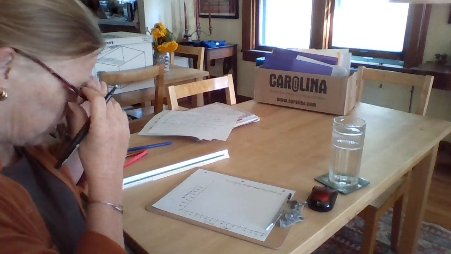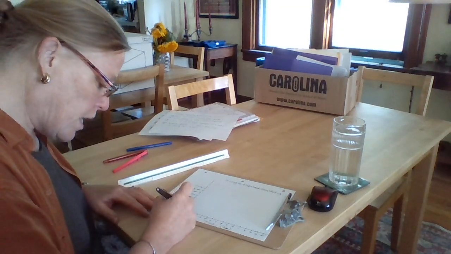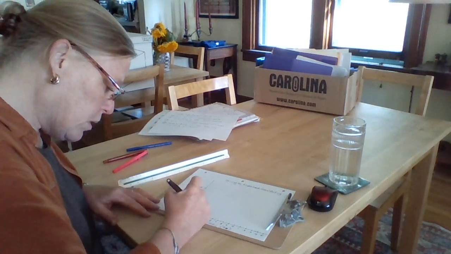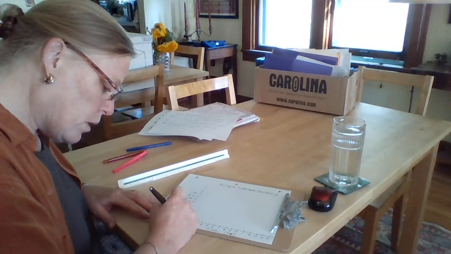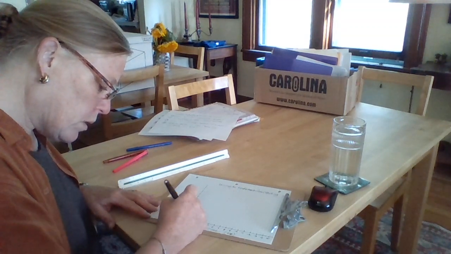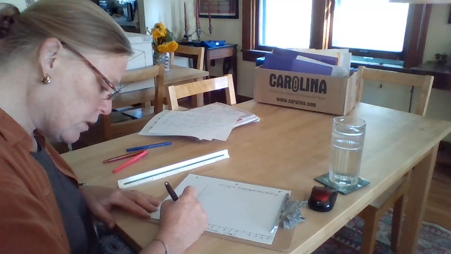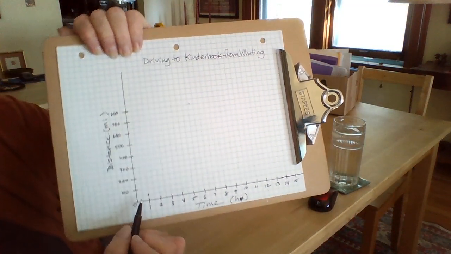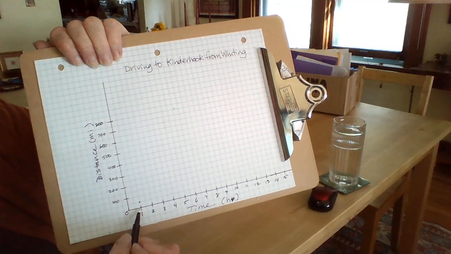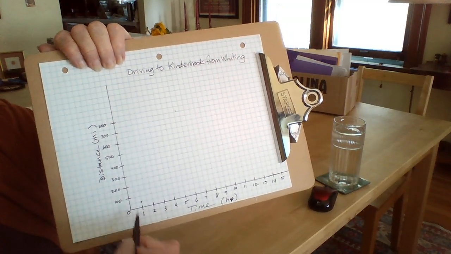All right, so here's our situation. In the first hour, let's say we went 50 miles. That's our first hour. 1 hour, 50 miles, that's halfway to 100.